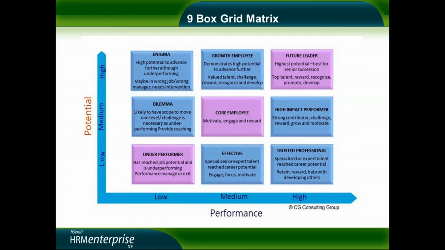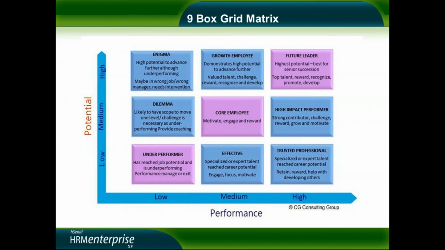What we do is, at the end of the talent assessment process, we place employees within the 9-box grid, right? Suppose there is an employee who has a high performance level and a high potential level, he will be placed in the future leader category, right? Likewise, we can categorize employees.